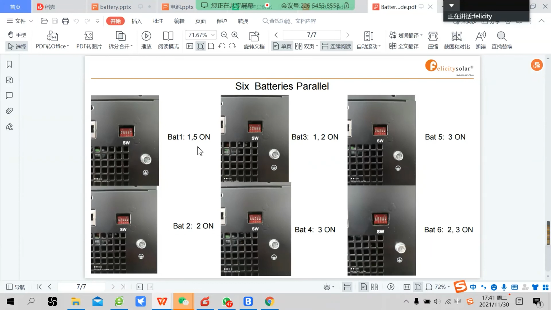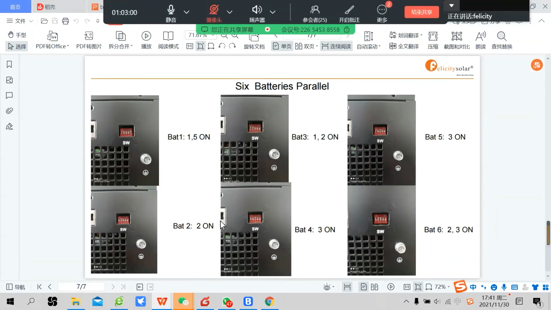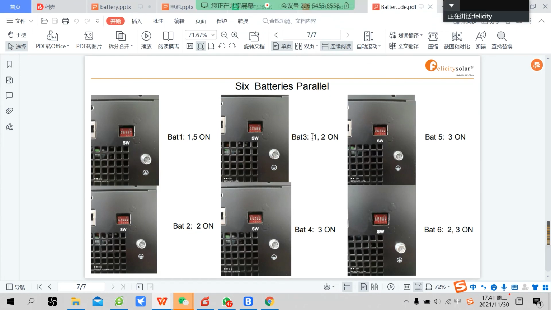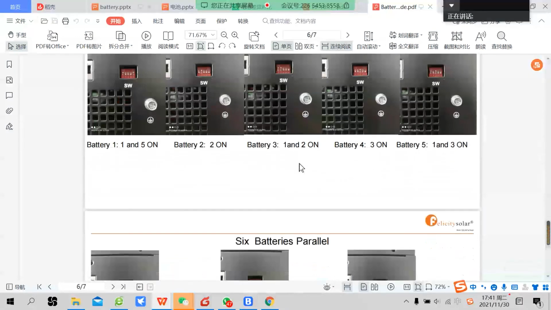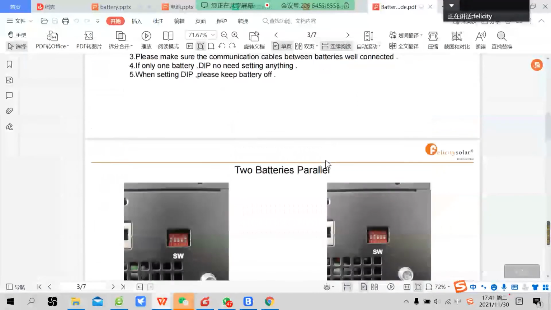Like if you have 6 pieces, battery 1 has 5 on, battery 2 has 2 on, battery 3 has 1 and 2 on, 3 on. Oh, this is a mistake. This is 1 and 2, 1 is 3 on, and 2 is 3 on. So this is the DIP setting of the lithium battery.